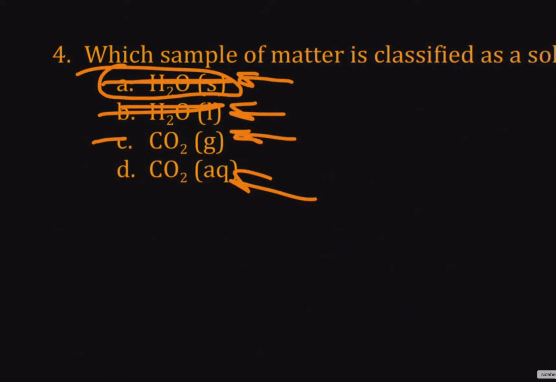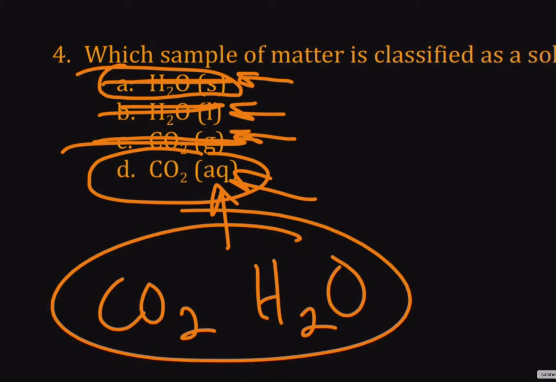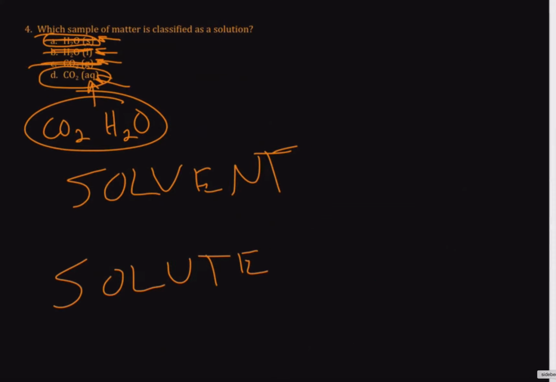And CO2 gas, well, that's just gas. It's not mixed with anything. The only one that's a mixture, according to the name here, aqueous means dissolved in water. So CO2 dissolved in water. Now you have a mixture of these 2 things, which we call a solution.